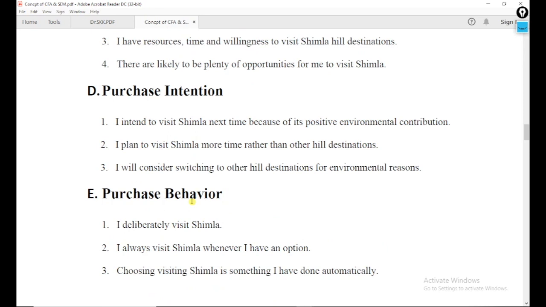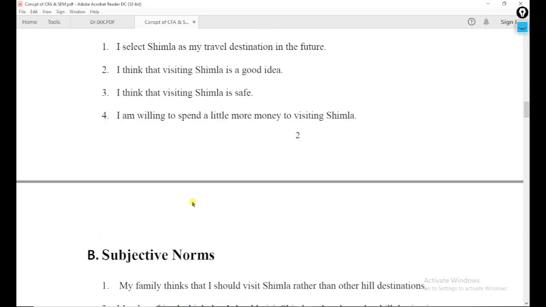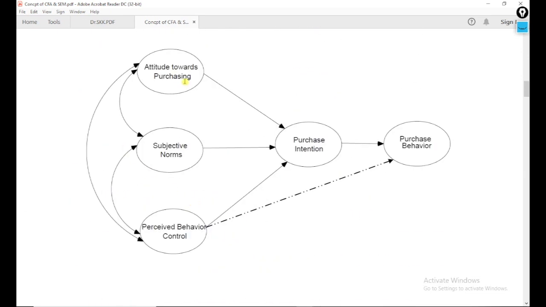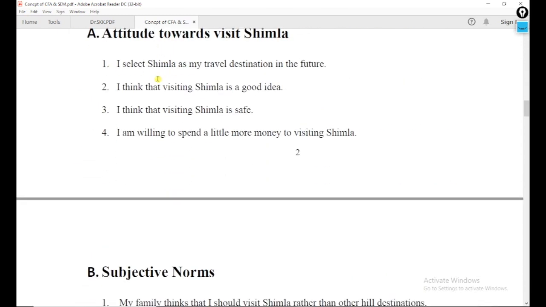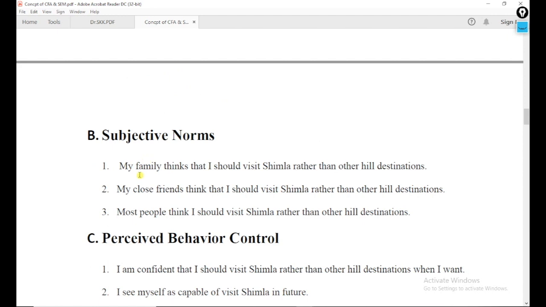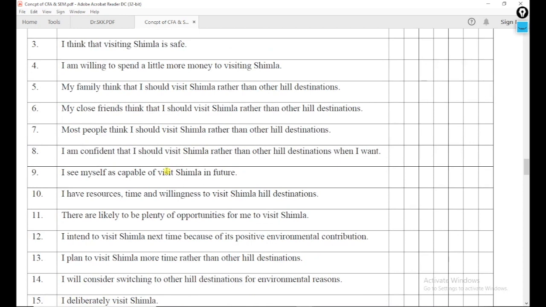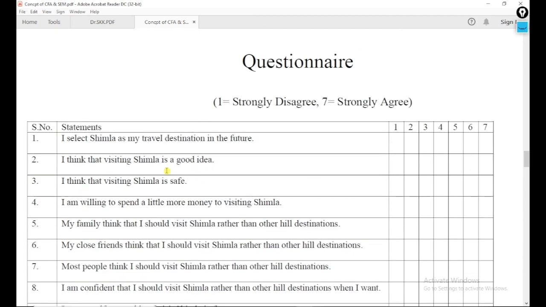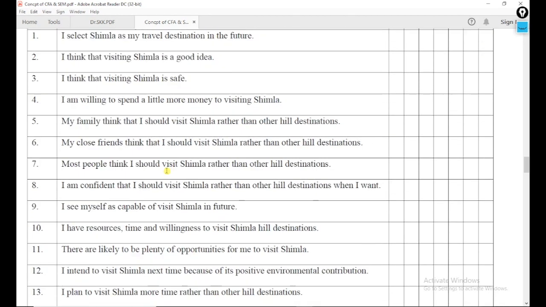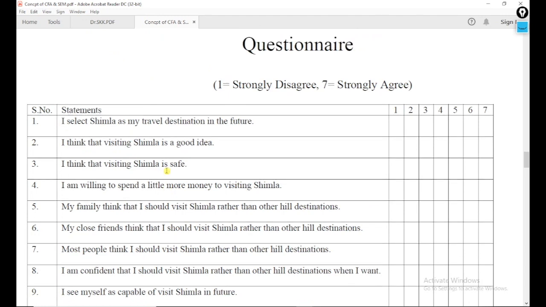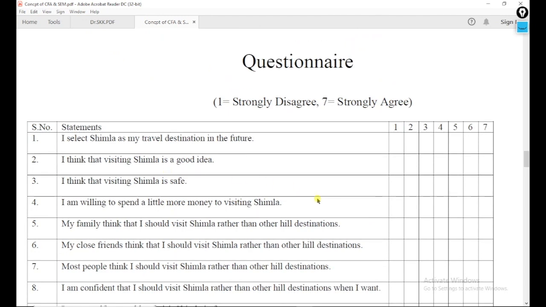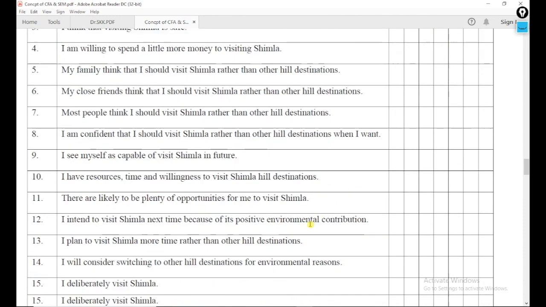The constructs are pre-decided. We are taking only 5 constructs because this theory explains 5 constructs, and for each construct it is pre-decided that attitude can be measured through only 4 questions and subjective norms through 3 questions. It's a type of questionnaire. These are the 17 questions for measuring tourist satisfaction through the theory of planned behavior, where 1 is strongly disagree and 7 is strongly agree.